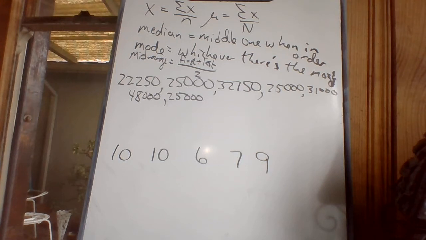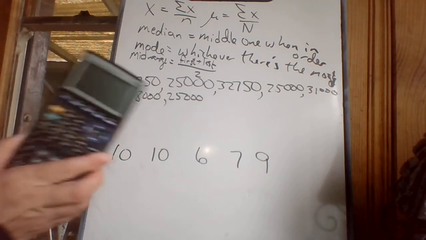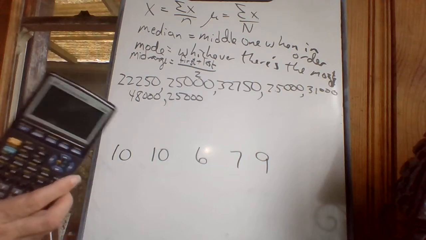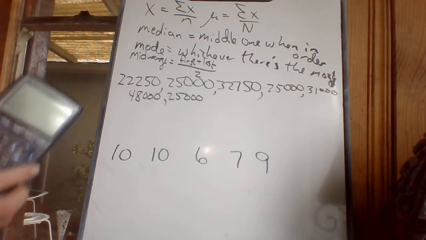And I could be spending an awful lot of my life rearranging things into order just so I can find the median. But I pointed it out when we were doing this. At the same time as I get X bar, I will get the median. I don't need to do any calculations.